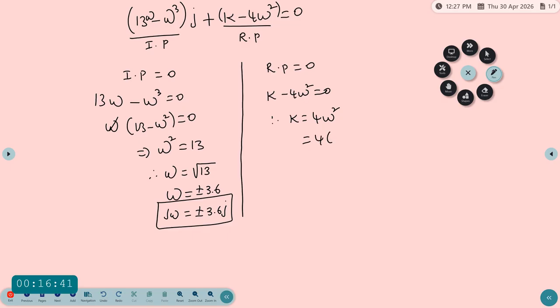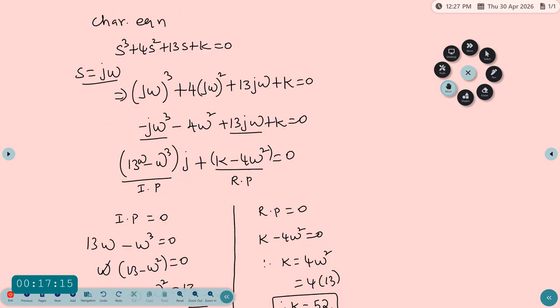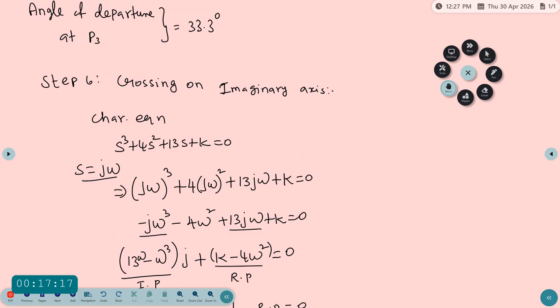We know omega square equal to 13 from the previous step. Therefore, we can conclude k equal to 52. K equal to 52. Yes, now we are moving into our graph sheet with the concept of the crossing point on the imaginary axis, plus or minus 3.6 j.